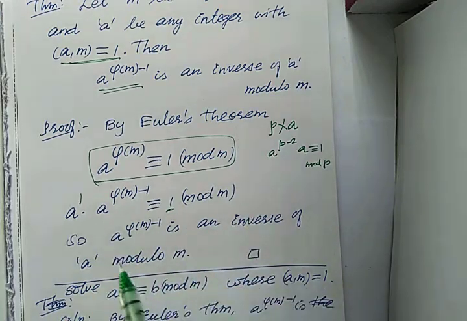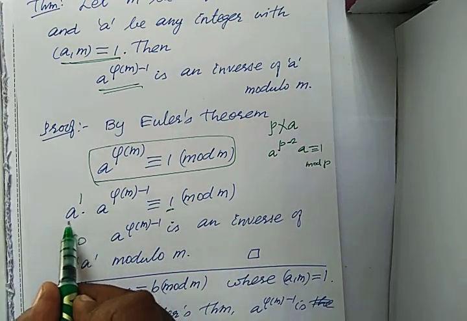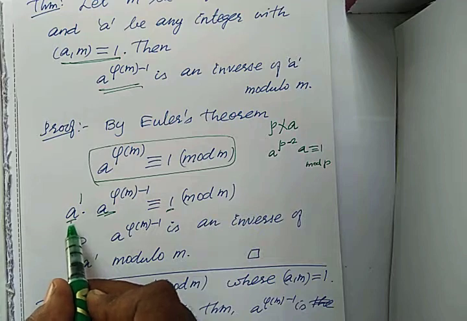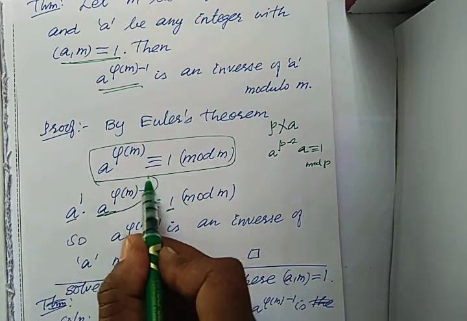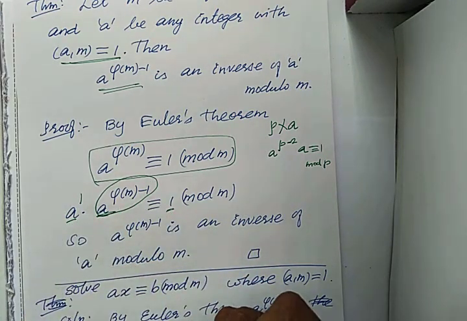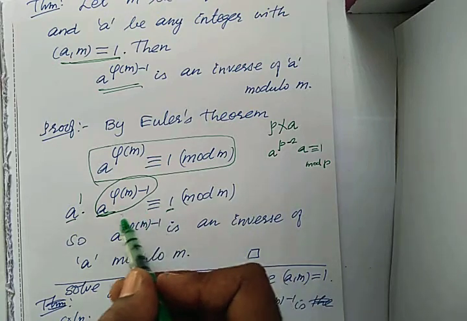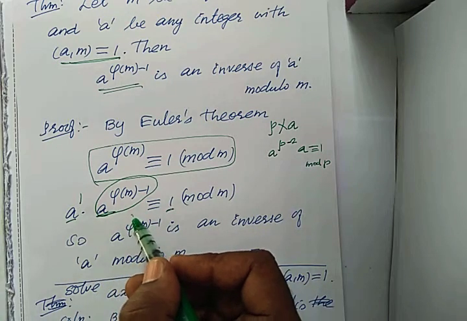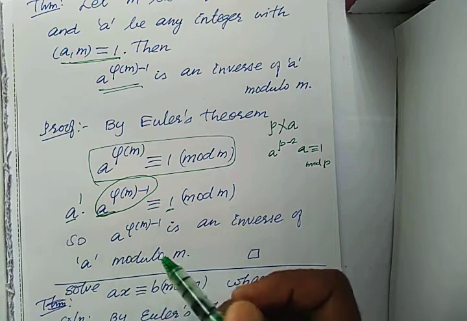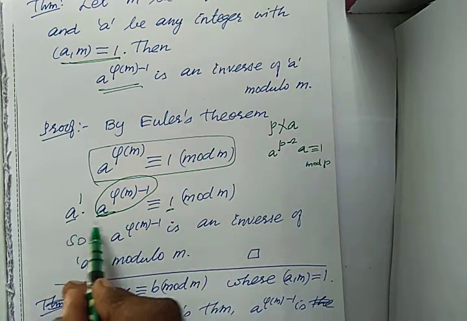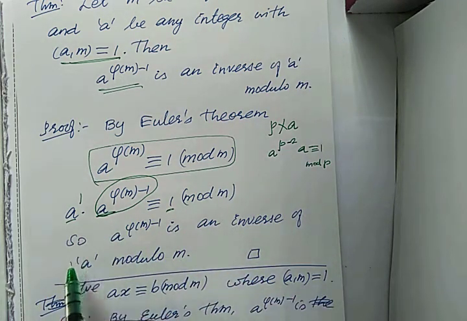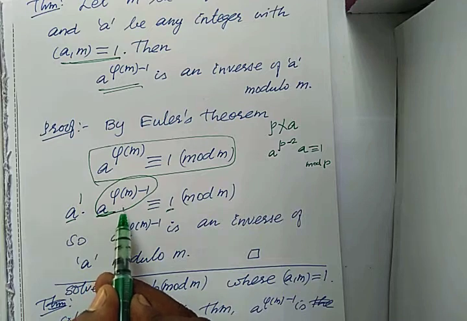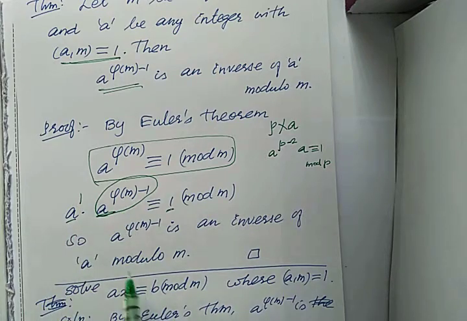And by the definition, if I multiply this one with a and I get 1, this number is called the inverse of a. We have seen this as a definition in the first lecture. So from this I am concluding that this is an inverse of a modulo m.